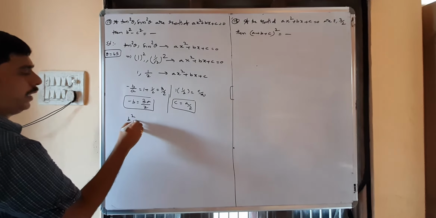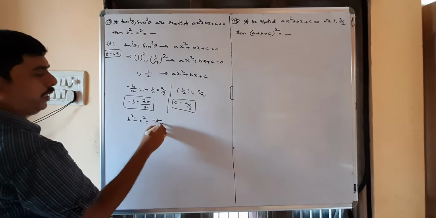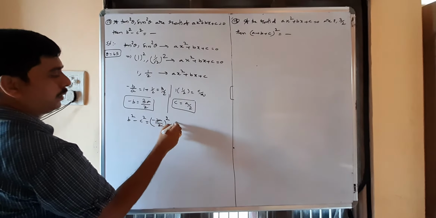They ask for b square minus c square. B square means minus 3a by 2 whole square, minus a by 2 whole square.